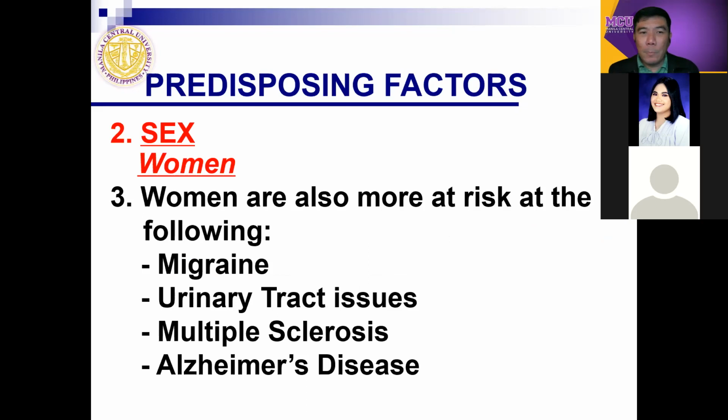evidence-based practice. Next, women are at higher risk for migraine. Next, females are at high risk for urinary tract issues or infection because the urethral canal is shorter compared to males. Multiple sclerosis is usually a nervous system problem, and usually there's inflammation of the nerve.